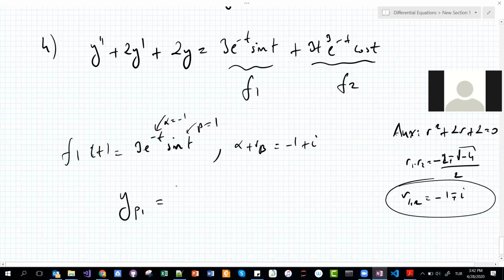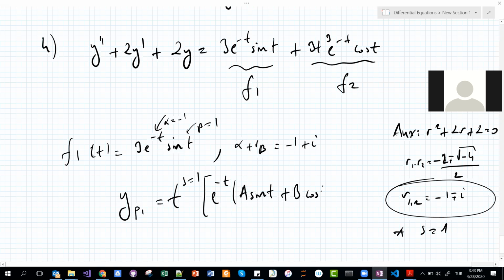That's why you need to have an extra factor of t here, since it is one of my roots. For the rest, I will just use the exponential and trigonometric functions to set my particular solution: A sin t + B cos t.